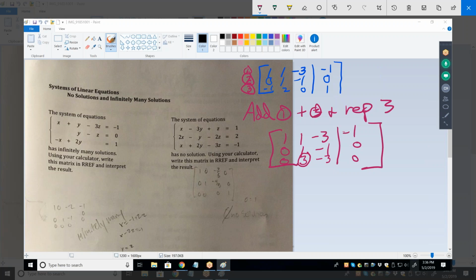Now, the next step, I'm trying to turn that into a 0. So, what's a good way to do that? We could multiply row 2 times -3 and then add it to row 3 and put the answer in row 3.